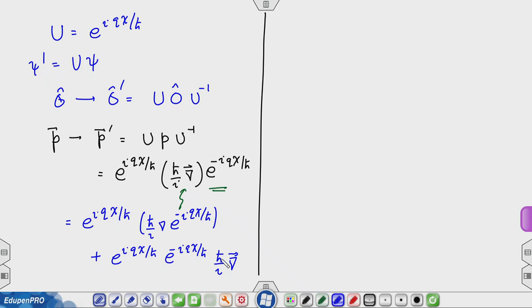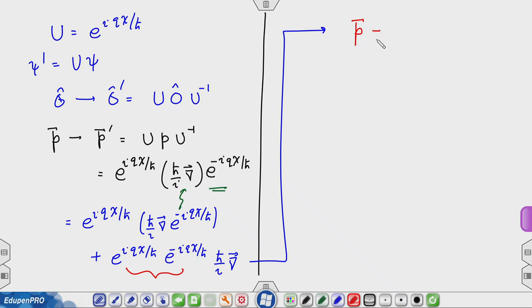Now, you work it out, operate the grad operator on e raised to minus i q chi over h cross, and this becomes 1. So, you get P itself, and you are going to get minus q grad of chi.